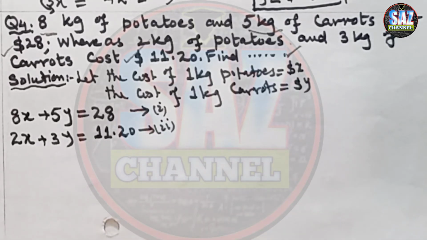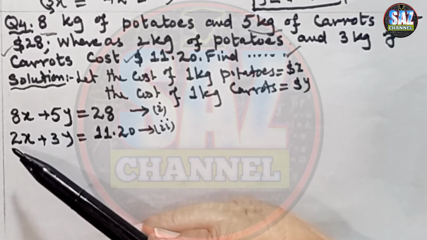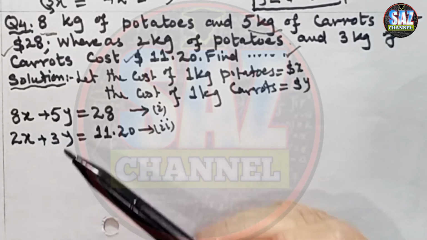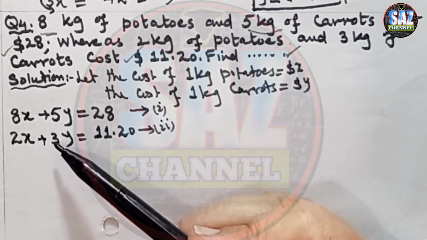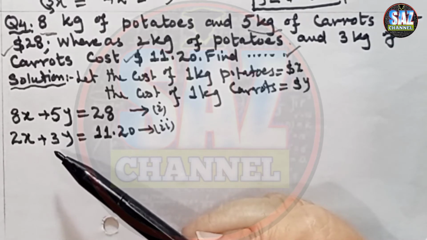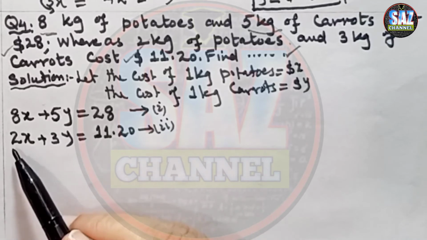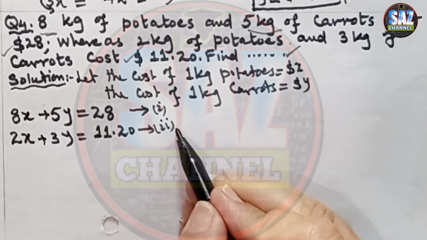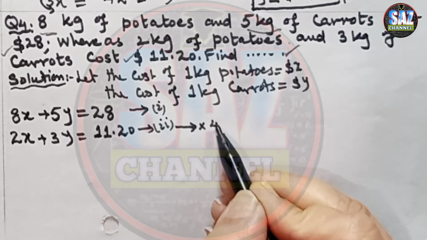If we look at the coefficient of x, here the coefficient of x is 8, but here the coefficient of x is 2, and for y the coefficients are 5 and 3. If we are applying the elimination method, we have to go for balancing of the coefficients. So I'm going to balance the coefficient of x. I will be multiplying equation 2 by 4.